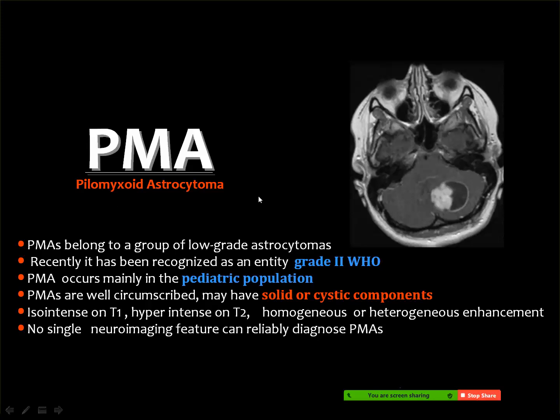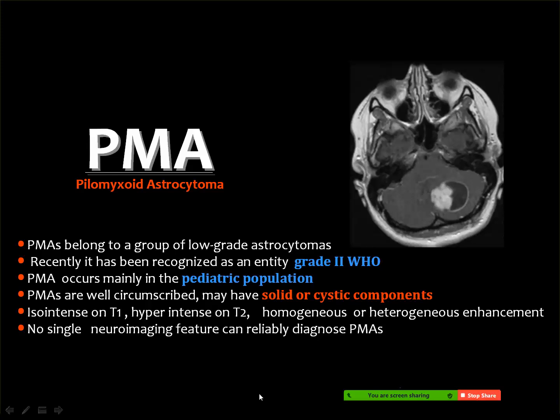Then whenever you hear about this tumor by histopathology, by any surgical procedures, then you know that this is a WHO grade 2 tumor, which is common in the pediatric population. It has exactly similar appearances to the pilocytic astrocytoma with a cystic component and an enhancing nodule.